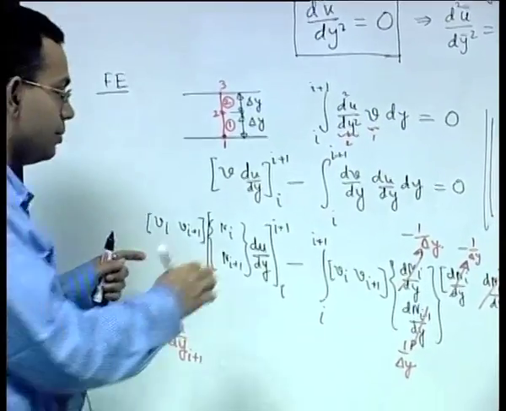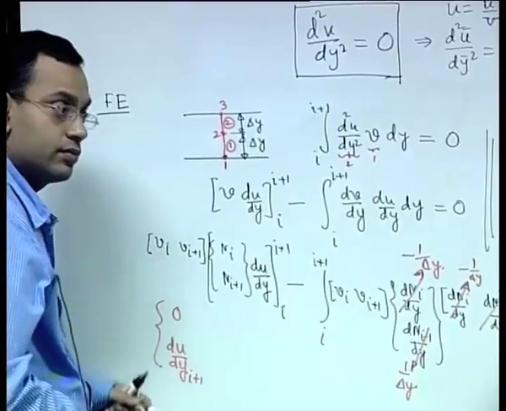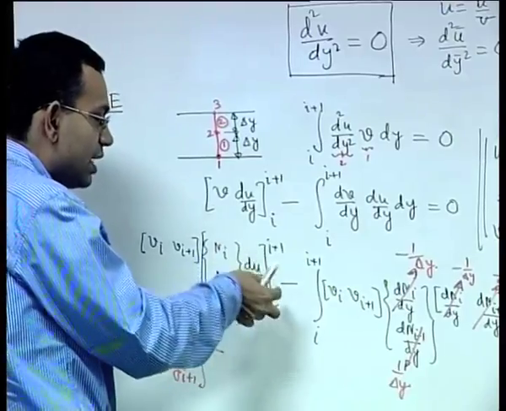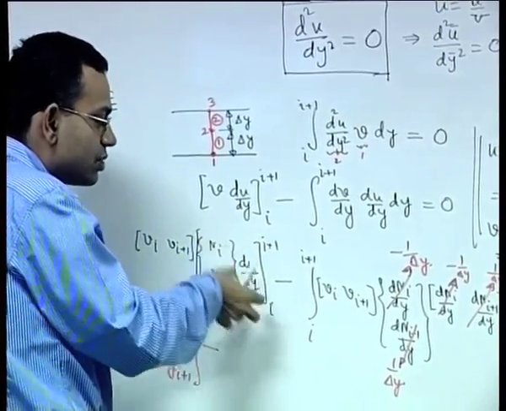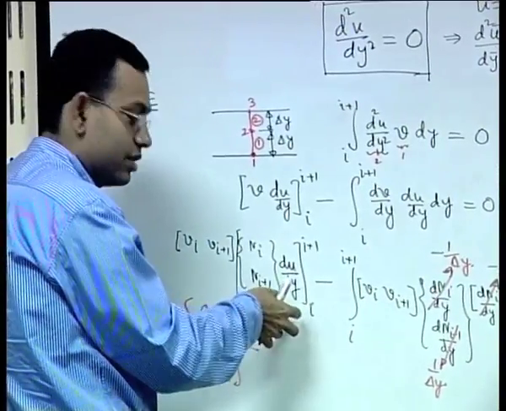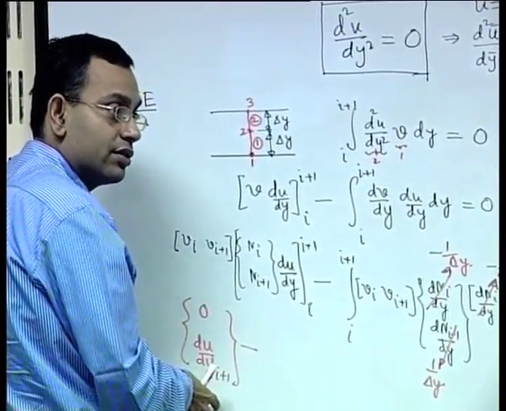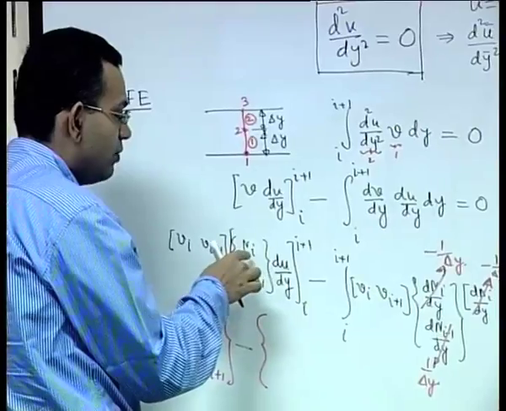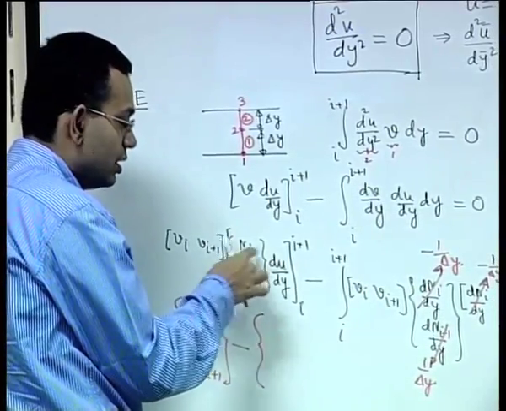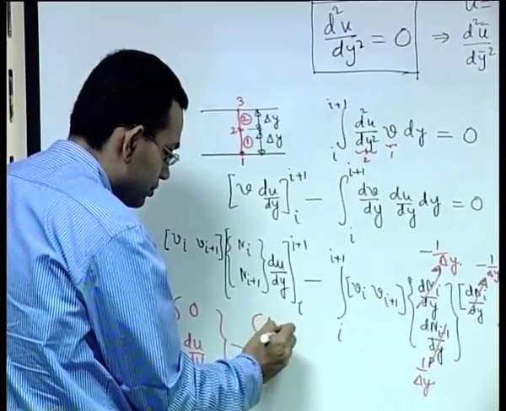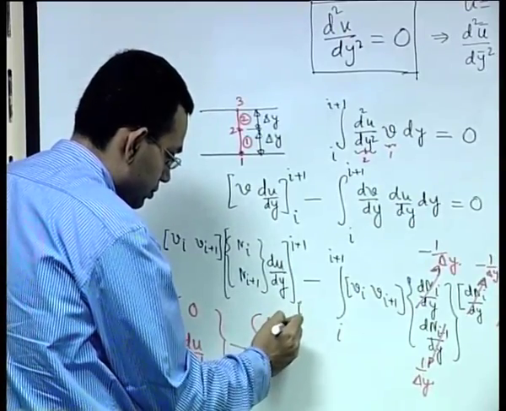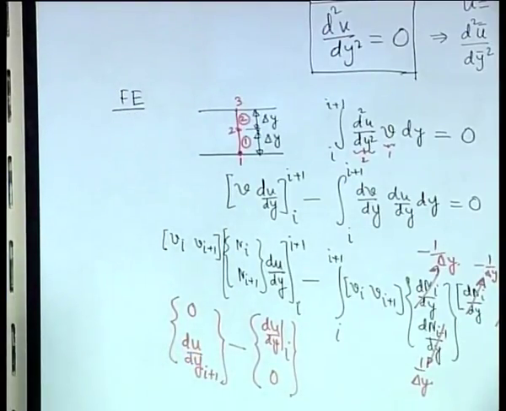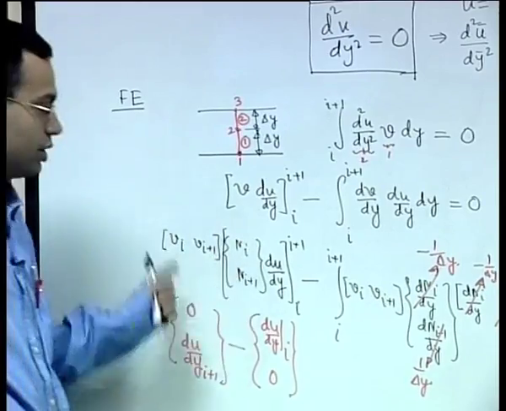We are writing the upper limit minus the lower limit. So, this evaluated at i plus 1 minus the same thing evaluated at i. At i, this will be 1 times du dy at i, and this is 0. So, this is the boundary term.